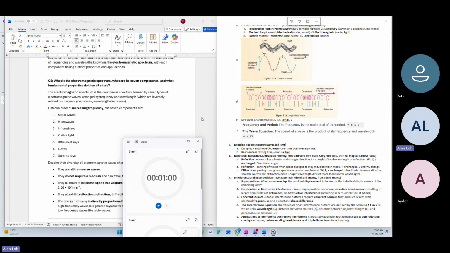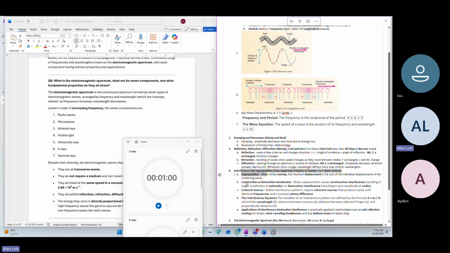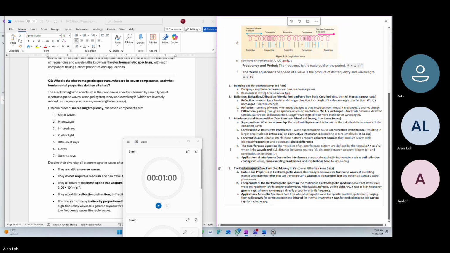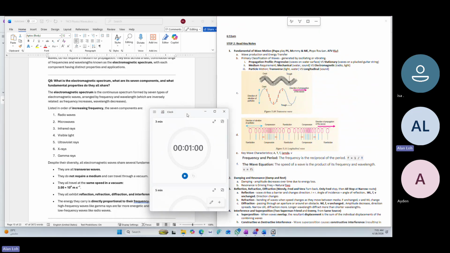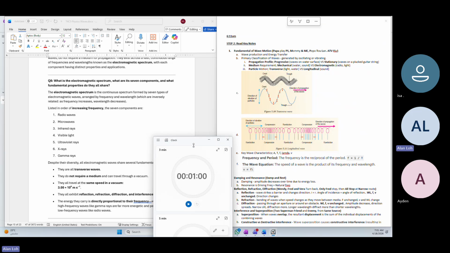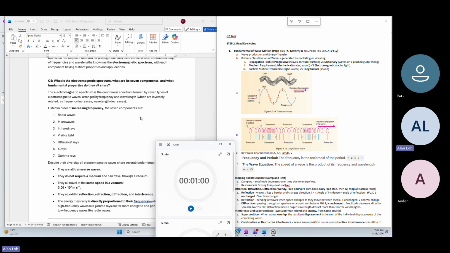If you can imagine that silly story in your mind, you can create a visual that helps you remember the drawer names. So the drawer names are wave, damping, resonance, reflection, refraction, diffraction, superposition, interference, and electromagnetic spectrum. So if you realize, we are creating an anchoring point. That's why I say anchoring point is important.